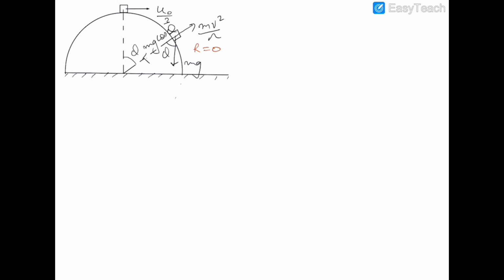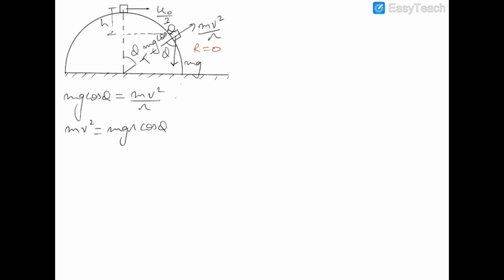So by equating mg cos theta with mv square by r, we get mv square equal to mgr cos theta.